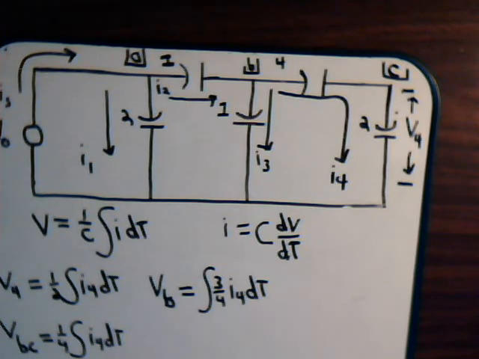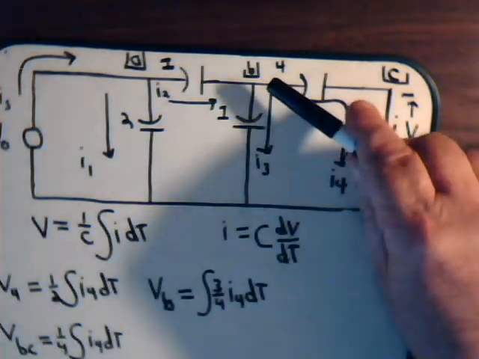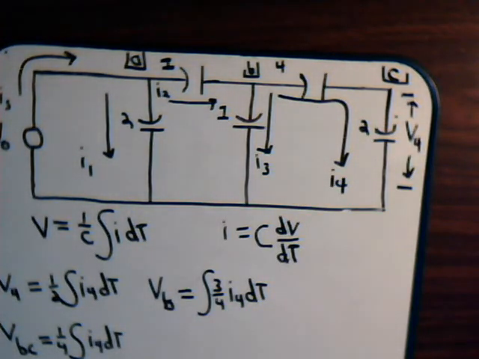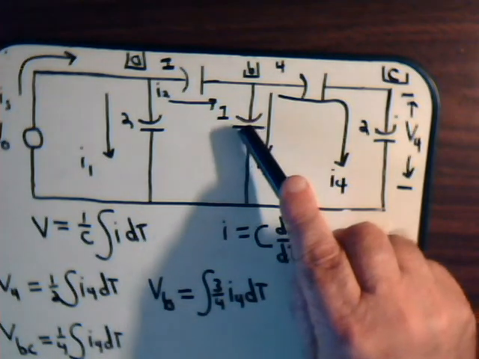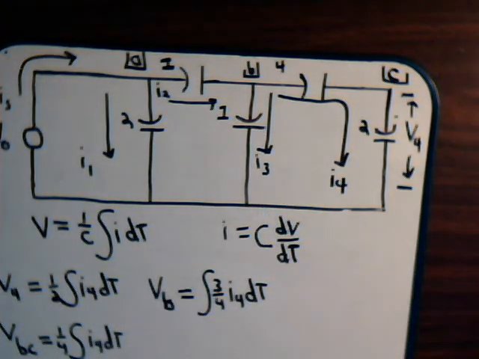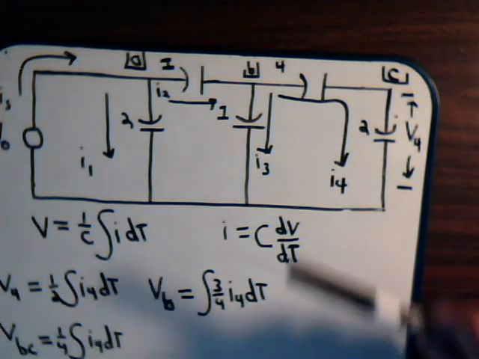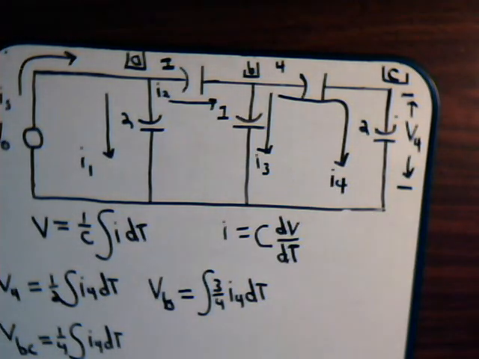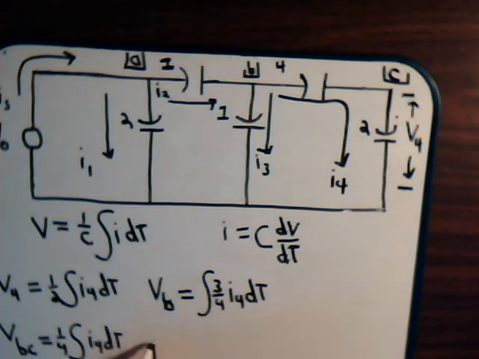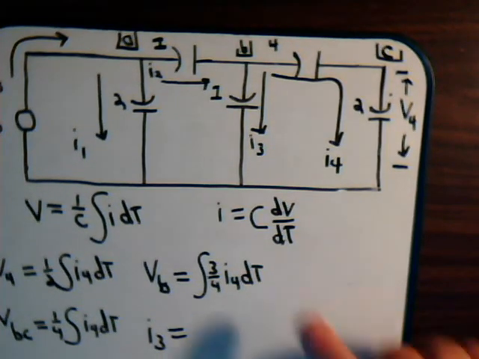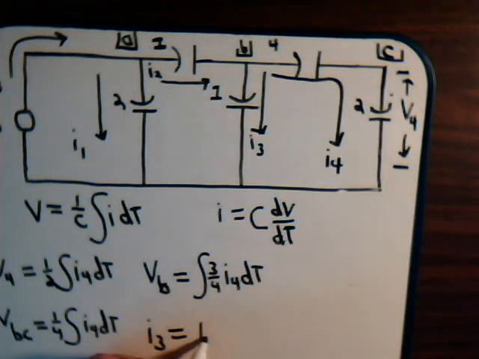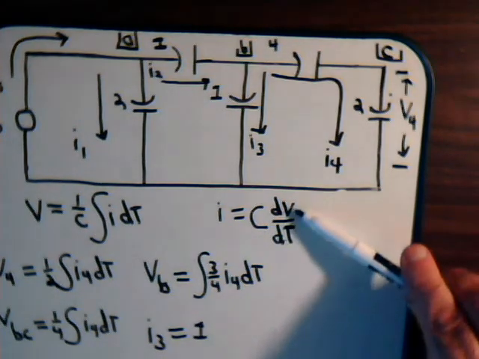But it's worthwhile to try to get a general expression for the voltage at point B, because knowing that and knowing what the capacitance is for this capacitor, we can use this equation to give us a general expression for what the current I3 is. Using this equation, we would have I3 equals C, that's just 1, dV/dt.